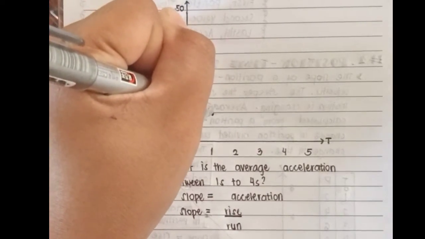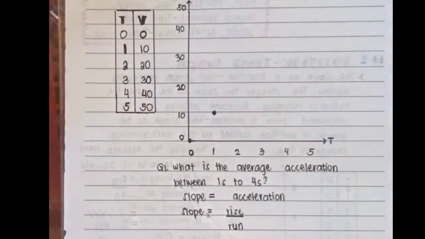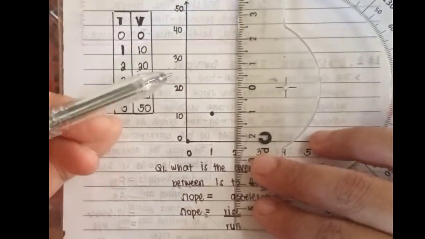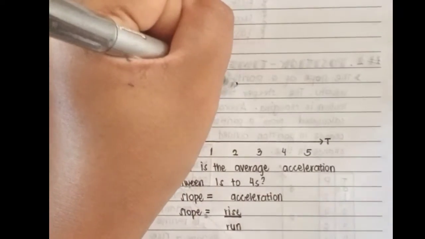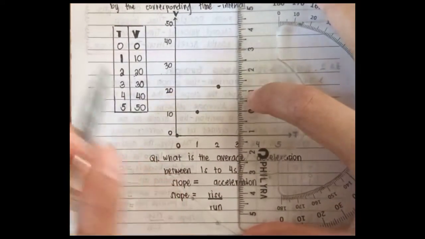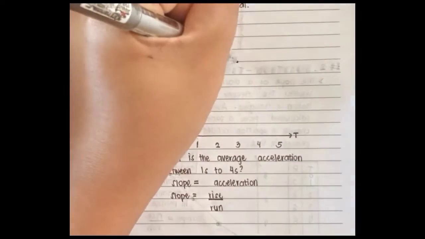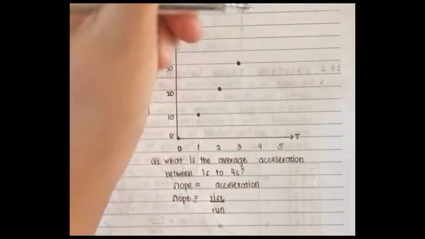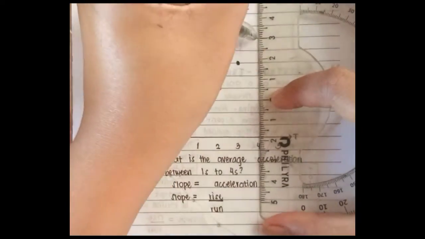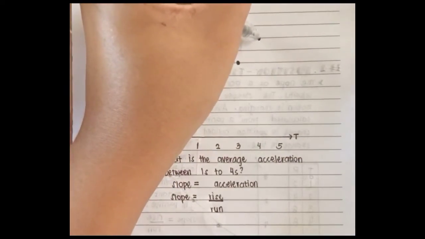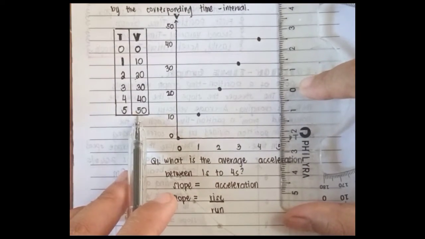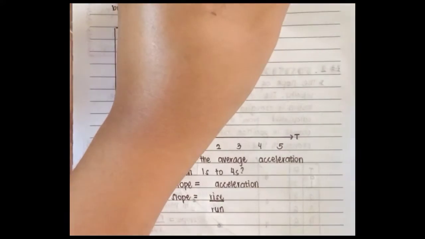Here. 2 and 20. 3 and 30. Here. 4 and 40. Here. Lastly, 5 and 50. Here.